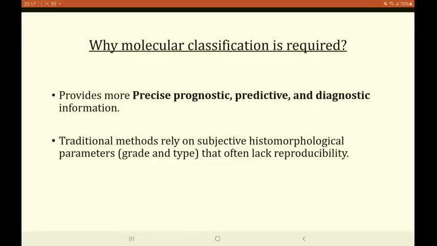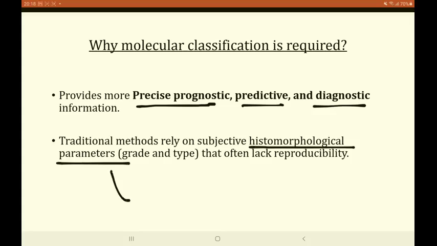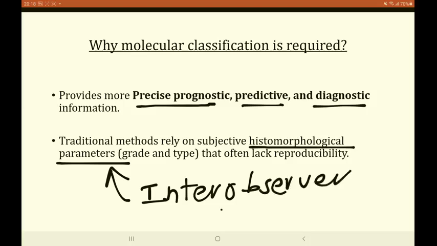We require molecular classification because it is more precise, has more predictive ability, and is more diagnostically accurate. The traditional dualistic method was based upon histomorphological parameters and was very dependent on inter-observer variation. So we see a lot of inter-observer variation with the traditional method.